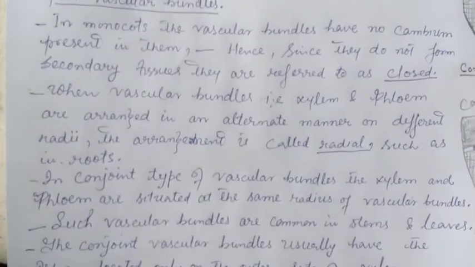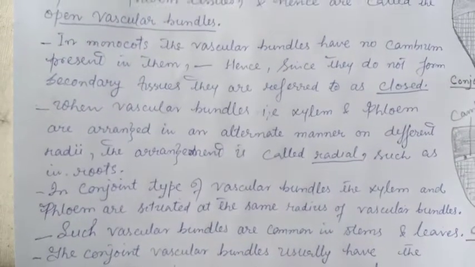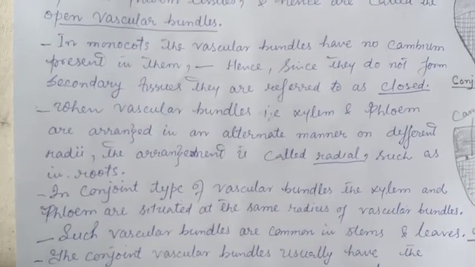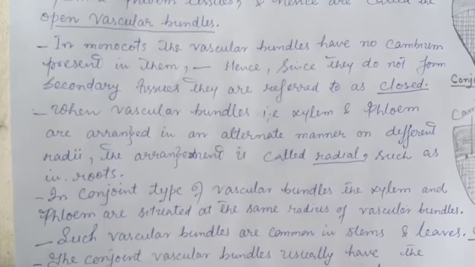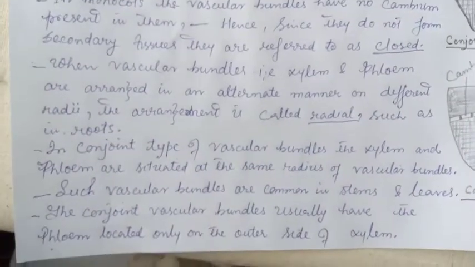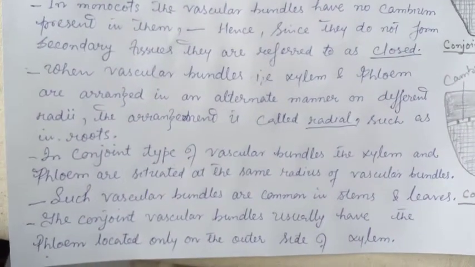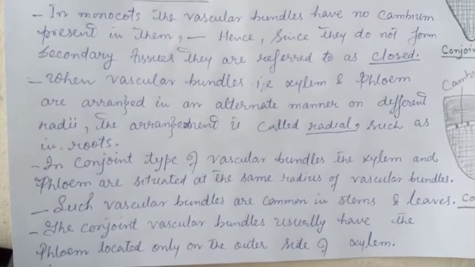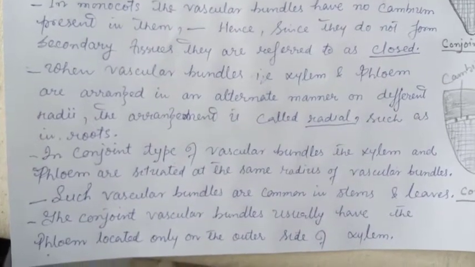In conjoint type of vascular bundles, the xylem and phloem are situated at the same radius of the vascular bundle. Such vascular bundles are common in stems and leaves. The conjoint vascular bundles usually have the phloem located on the outer side of the xylem.